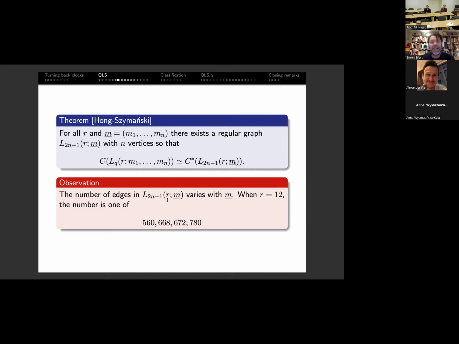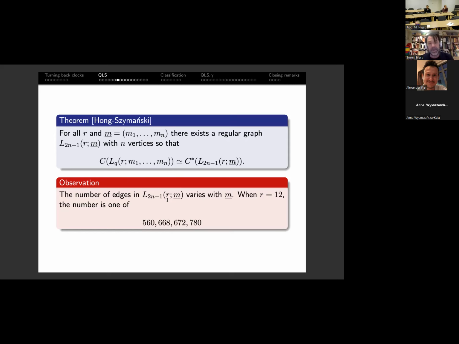It has exactly n vertices, and the quantum lens space is then isomorphic to the graph C-star algebra of this specific graph. I'm not really telling you what this specific graph is. I've told you how many vertices it has, but I haven't told you how many edges it has. This is somewhat complicated, and I want to explain this to you because it's actually important for what Sophie and I are doing.